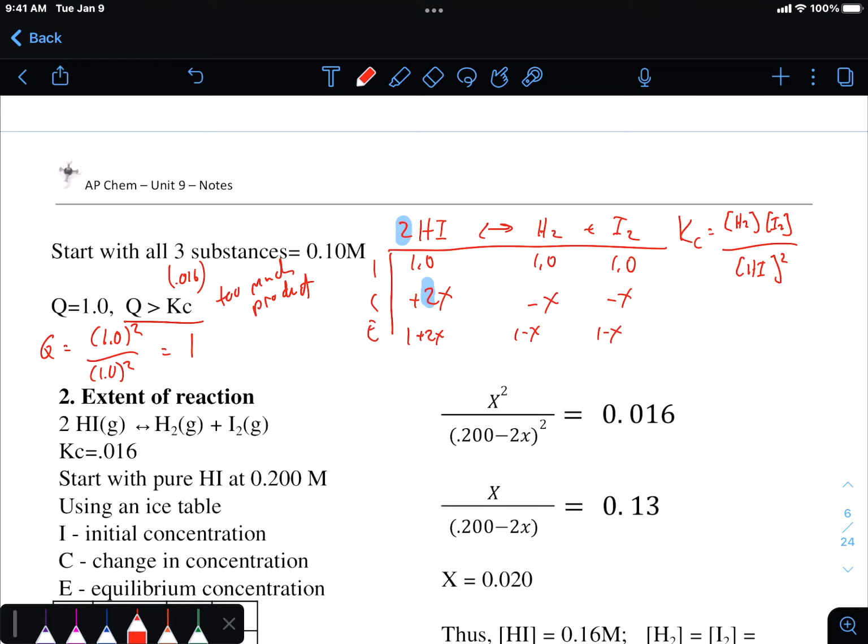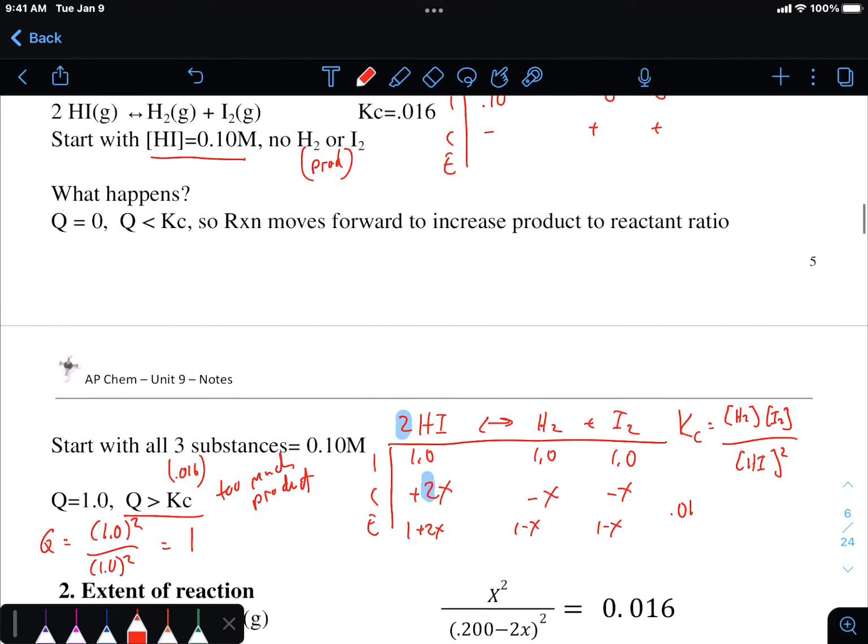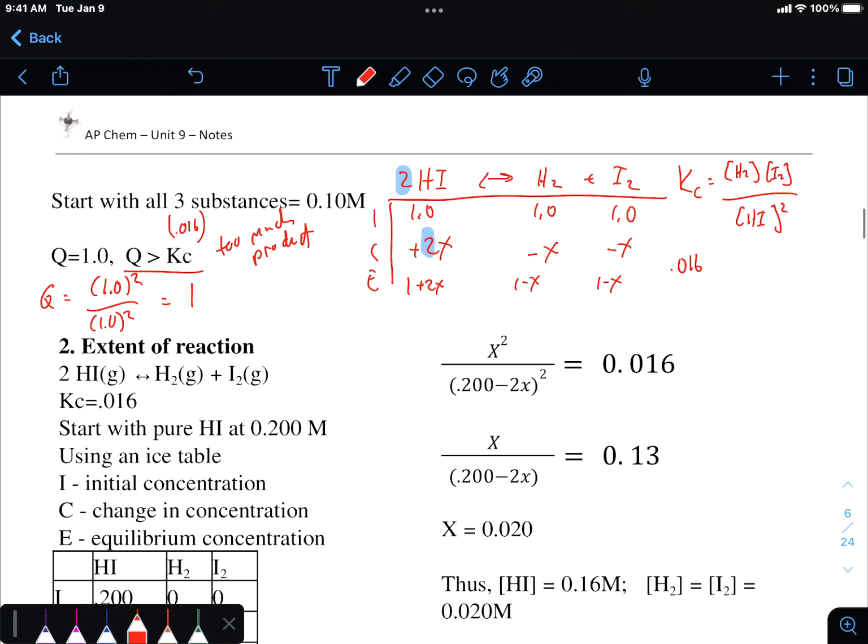These, of course, are equilibrium values, so I can just substitute in everything that I know. 0.016 is equal to 1 minus x over the quantity 1 plus 2x, squared.